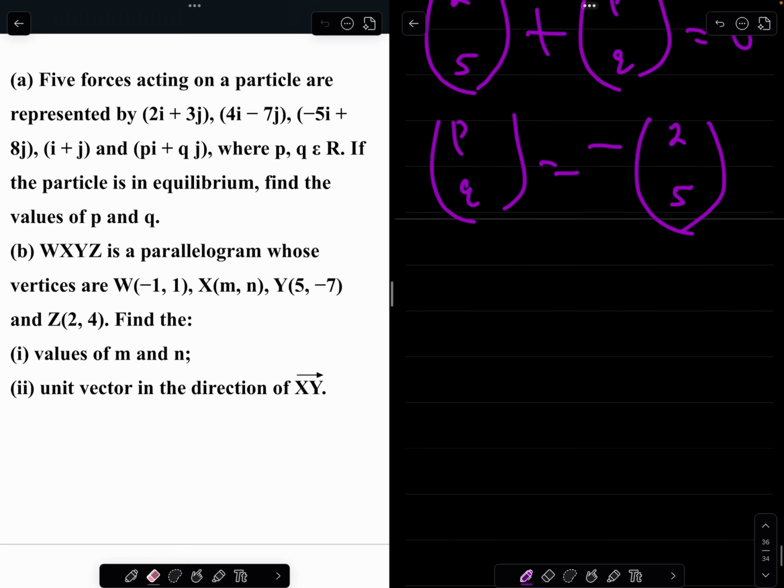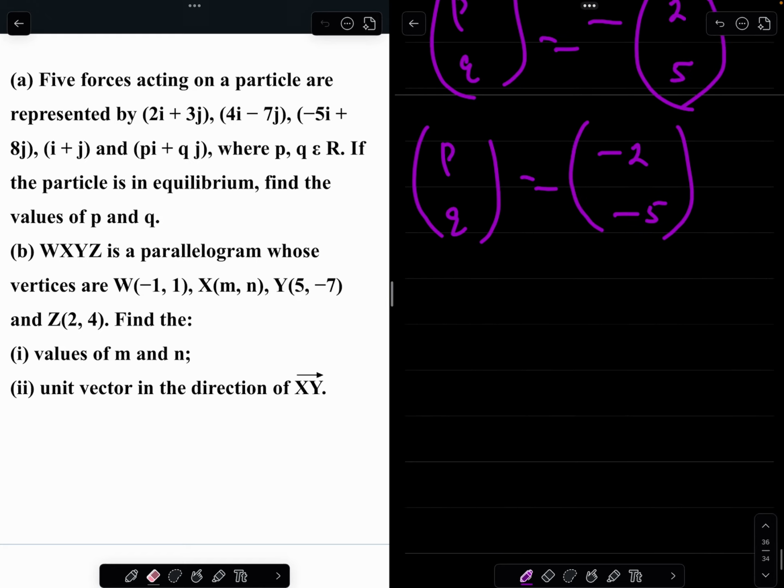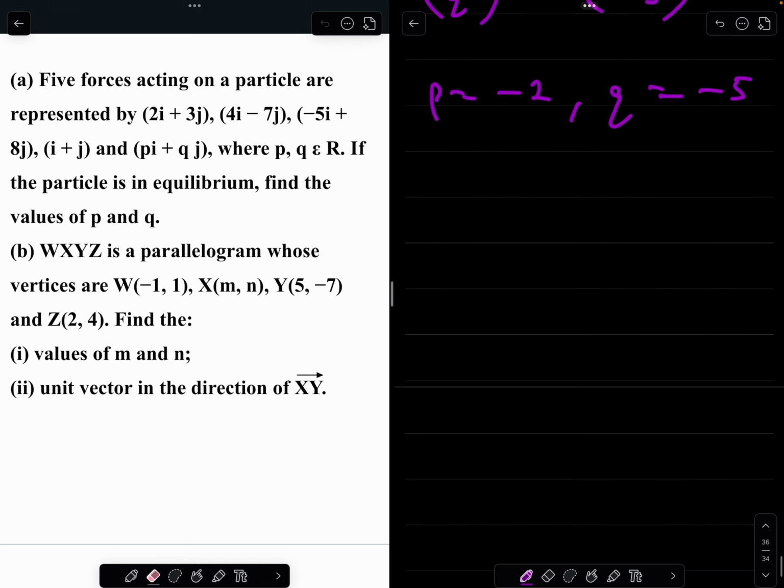I'm writing the forces as column vectors, and this means p equals minus 2 and q equals minus 5. And those are the values of p and q, very simply.